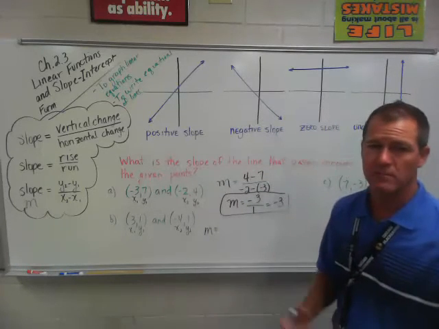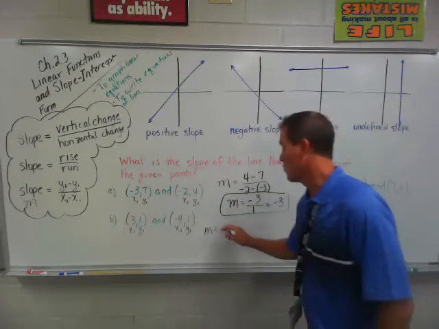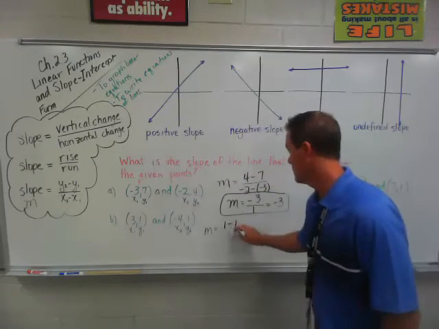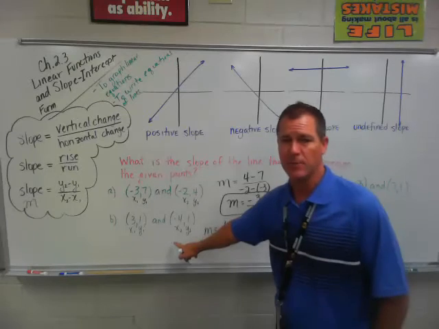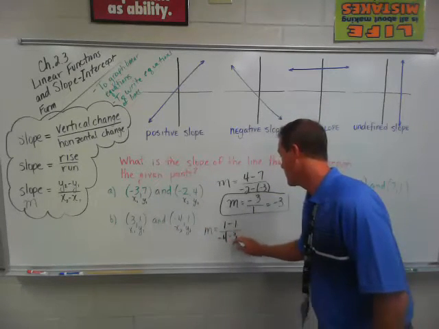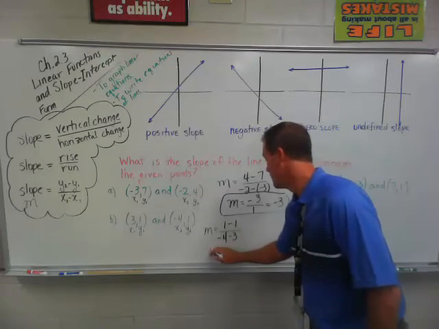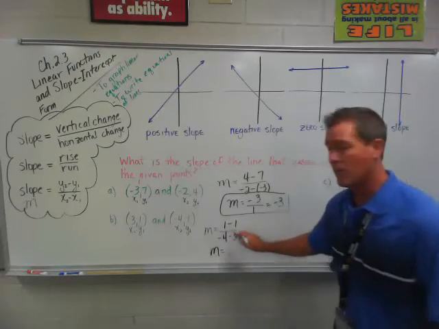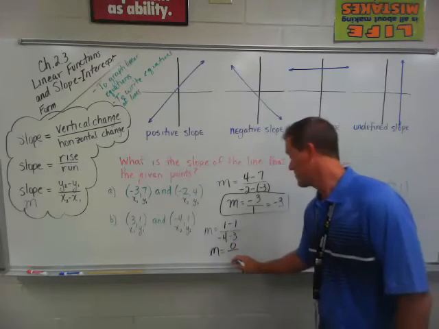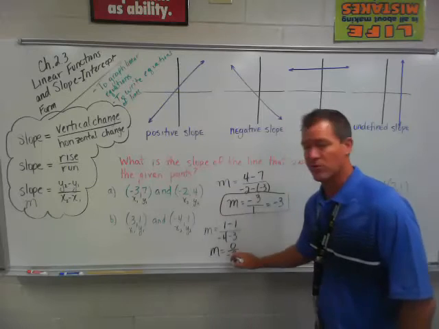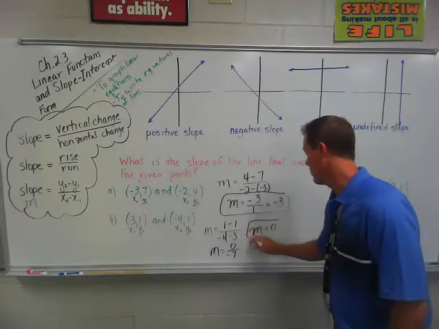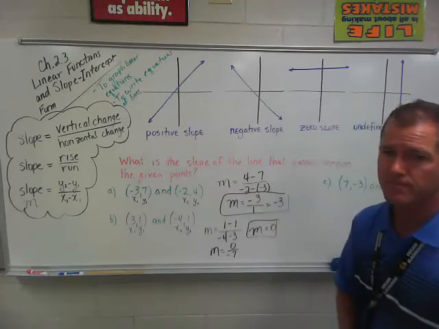And now I've got my slope m equals y2 minus y1, so 1 minus 1. And then my denominator will be x2 minus x1, so -4 minus 3. So 1 minus 1 is 0. And then -4 minus 3 is -7. 0 divided by any number is 0. So the answer to B, the slope, will be 0.